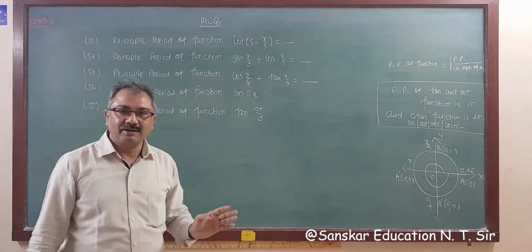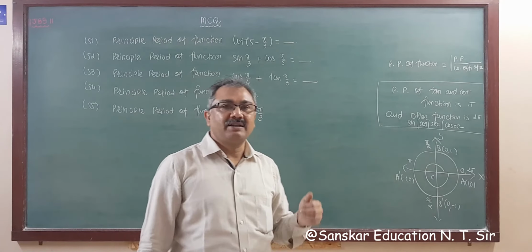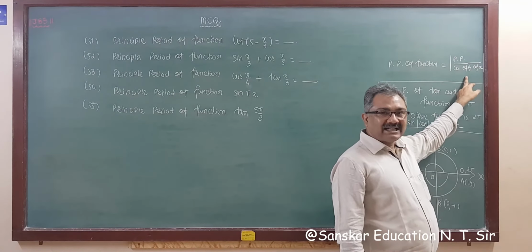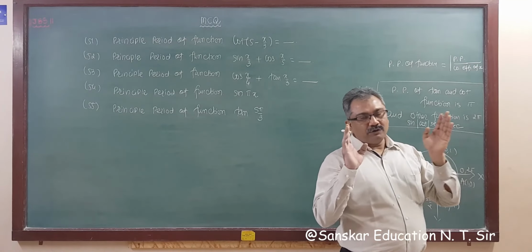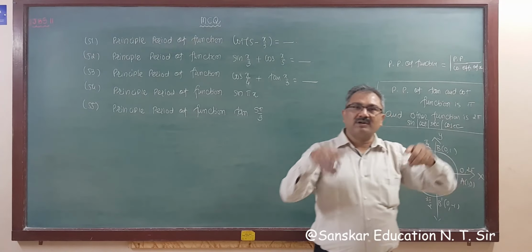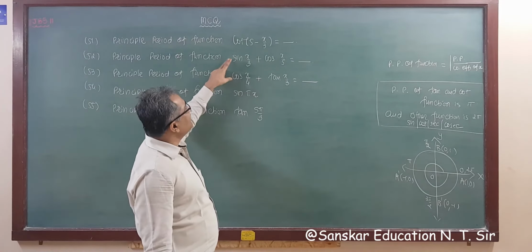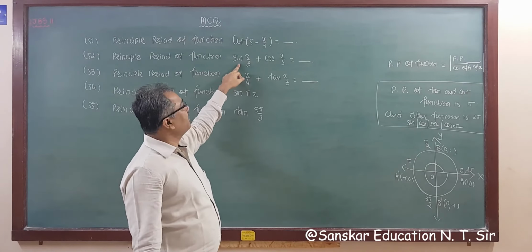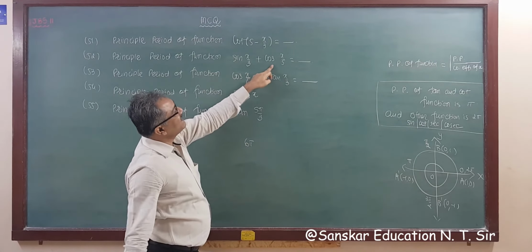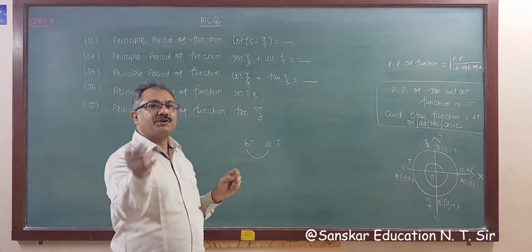Remember only one thing, what you have to do for a given simple function, that is, when one function is given, the formula is the principal period of the function upon the coefficient of x in modulus, right? Generally we take the coefficient of x in modulus, but I am taking a total modulus of the formula, right? And when two functions like these are given, then find the principal period of this, that is 6π, and the principal period of this is 10π, and if you take the LCM of this 10 and 6, that is your answer, right?